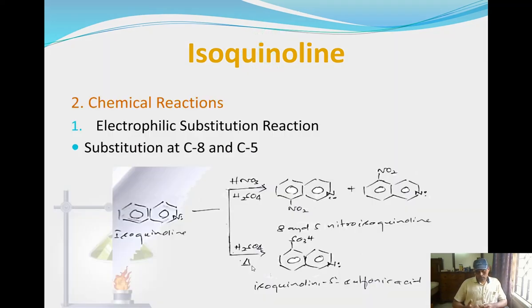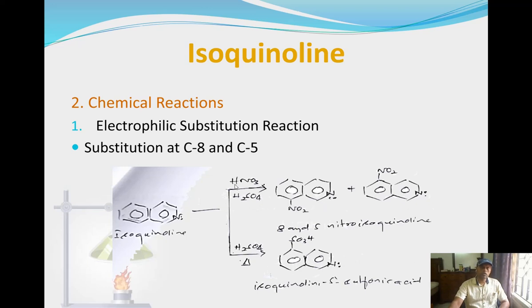Right, next we'll go for the chemical reactions. First one is the electrophilic substitution reaction. Reactions are similar to its counterpart quinoline, right? It's going to give substitution at positions 8 and 5, just like quinoline. Substitution is going to take place on the benzene ring, not the pyridine ring.